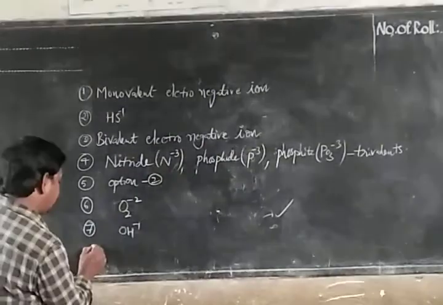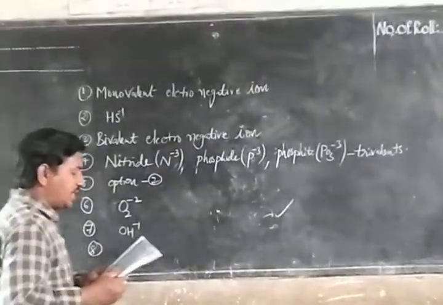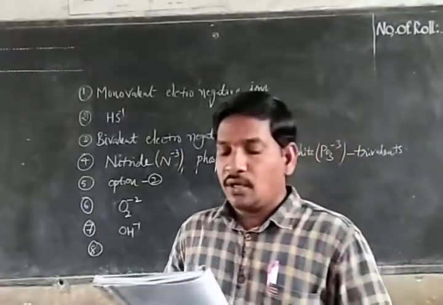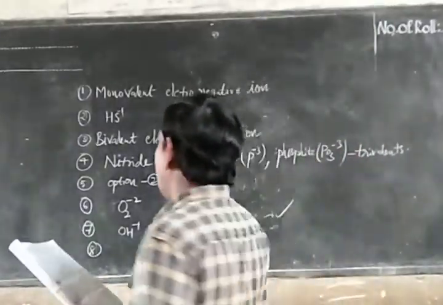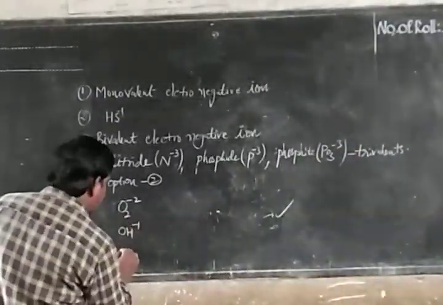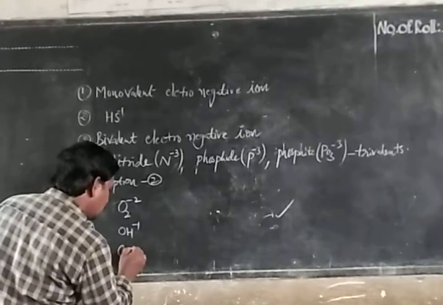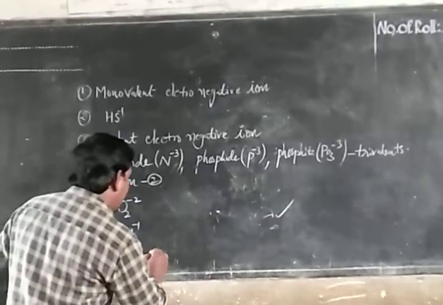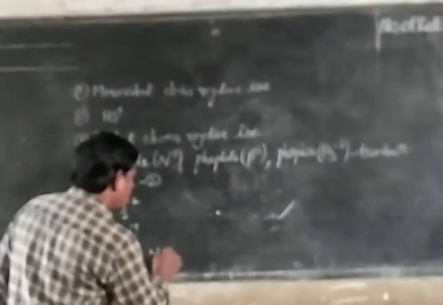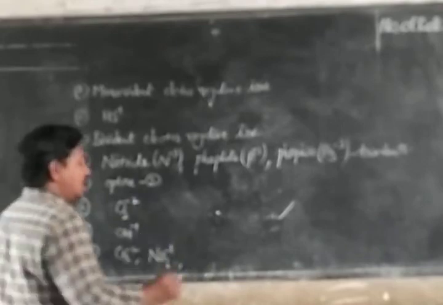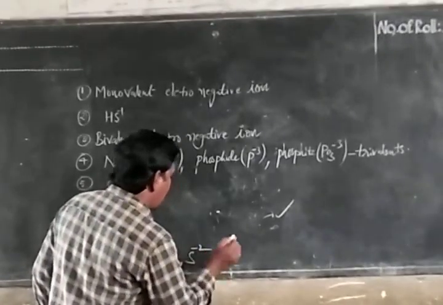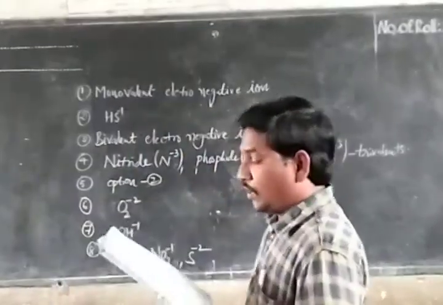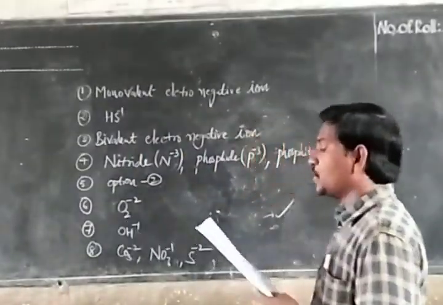And eighth one, what is the formula of electronegative radicals? CO3 minus 2, NO3 minus, S minus 2 are called electronegative radicals.